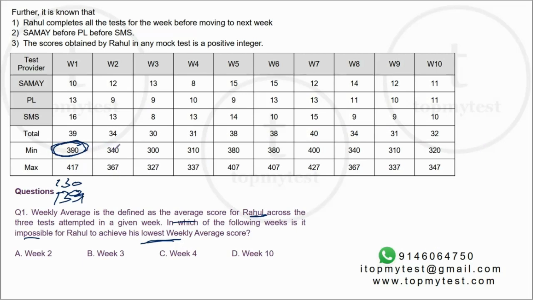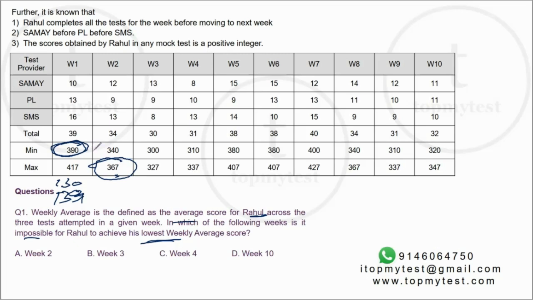Now, if you take this, can week 1 ever be lesser than week 2? It's not going to be possible, right? Because the highest possible in week 2 is 367. The highest value of week 2 is lower than the lowest possible of week 1. So irrespective of what the actual scores are, week 1 will always be bigger than week 2.